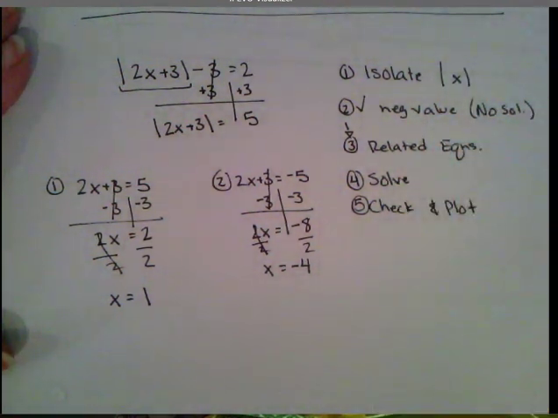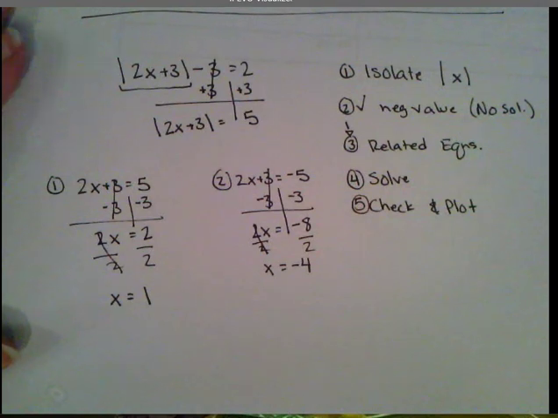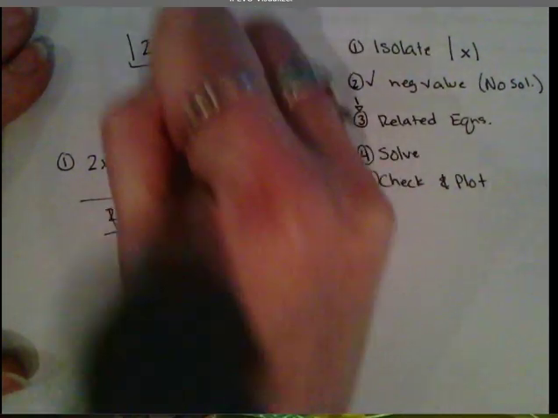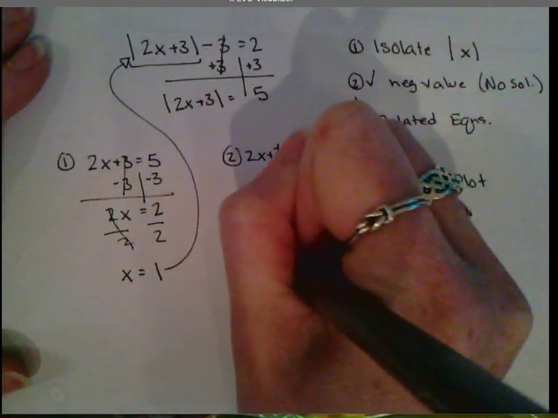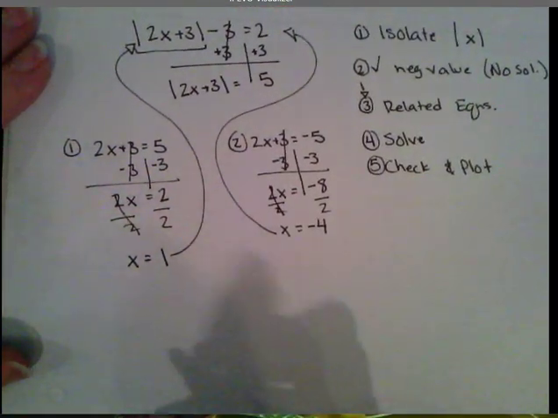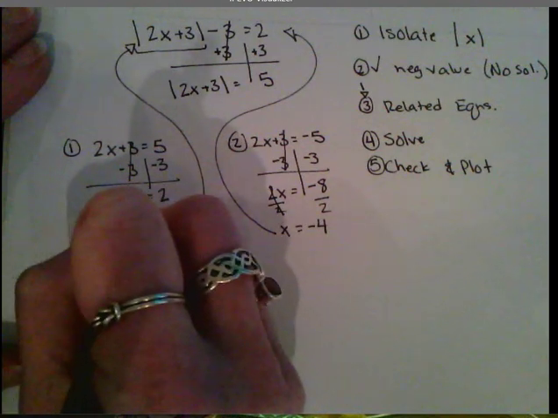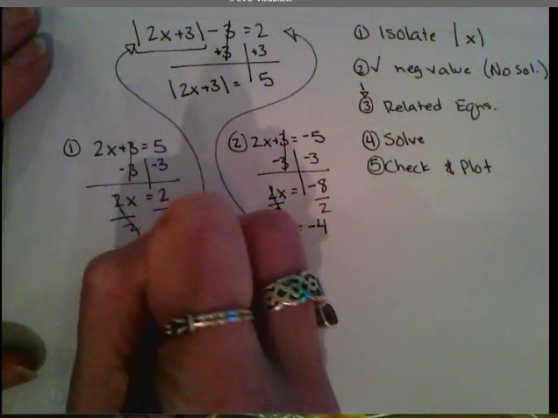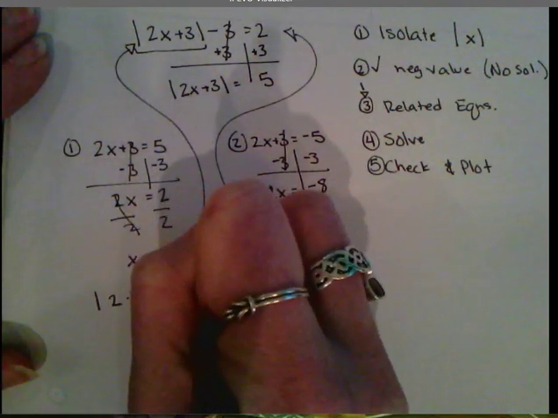Whenever we check our answers with not inequalities, what I'm looking for, absolute values, we plug them into our original equation way back up here. So if I were to plug 1 in, it would look like the absolute value of 2 times 1 plus 3, minus 3 is equal to 2.